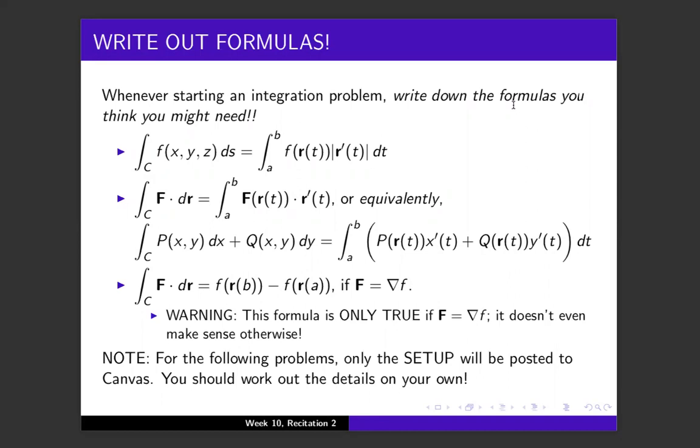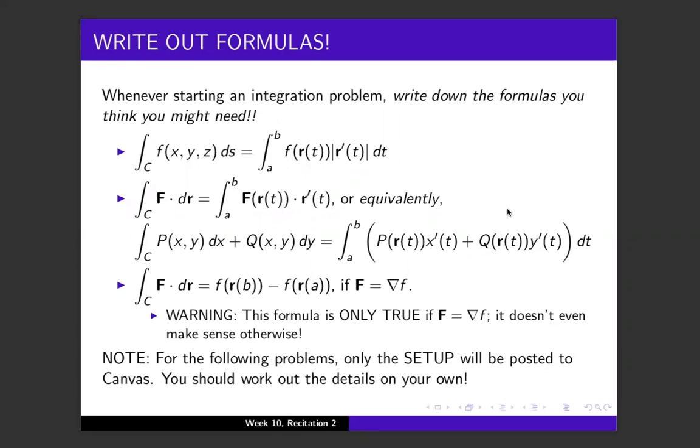Two of them are just the bare bones, brute force scalar and vector field line integrals that we had before, f of r of t times r prime t, or big F of r of t dot r prime t. That second one, by the way, is equivalent to the integral of P(x,y) dx plus Q(x,y) dy, and that's P of r of t x prime of t plus Q of r of t y prime of t. That's literally the same thing, right?